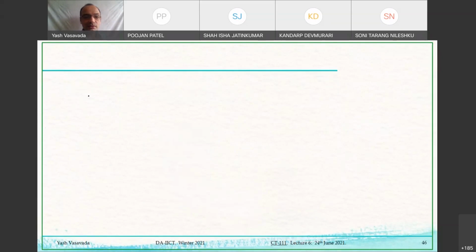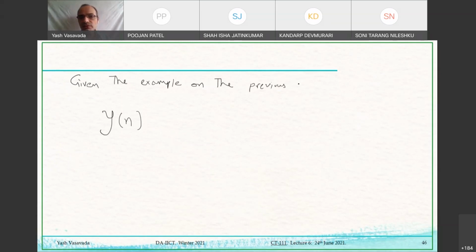I'm going to write y of n here. Y of n is that output, right, on the previous slide. So given the example on the previous slide, I want to do this.